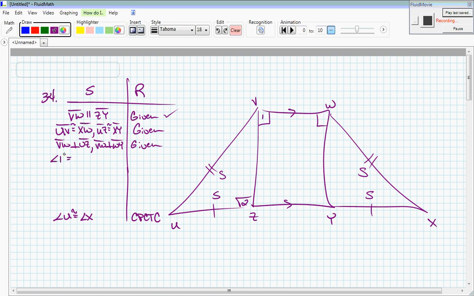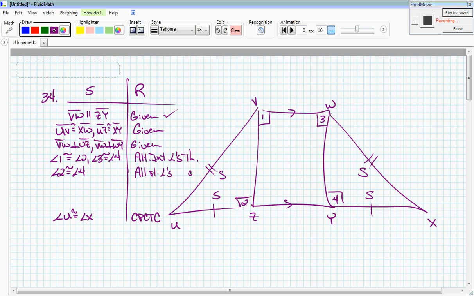We can say angle 1 is congruent to angle 2, and we can say that 3 is congruent to 4, by the alternate interior angles theorem. Okay? And then we can say that angle 2 is congruent to angle 4 because all right angles are congruent.